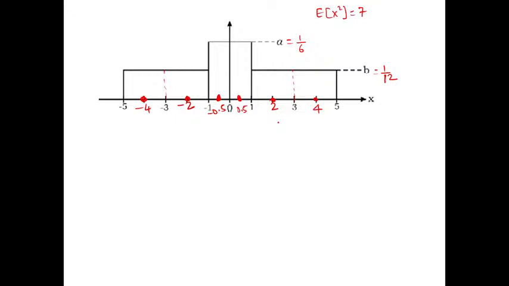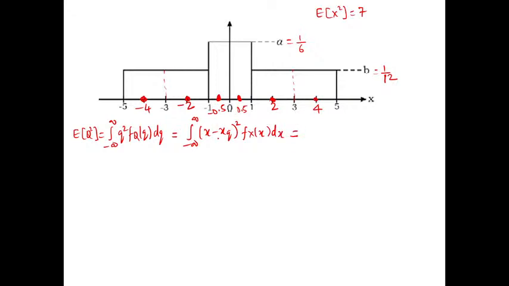Again, x and Q(x) both are symmetric, so the error will also be symmetric. Now what will be E[Q square]? E[Q square] is equal to the integral from minus infinity to infinity of (x minus Q(x)) whole square f(x) dx.